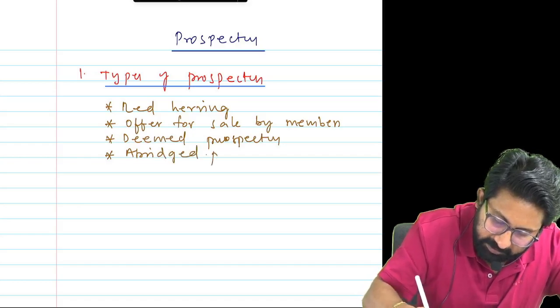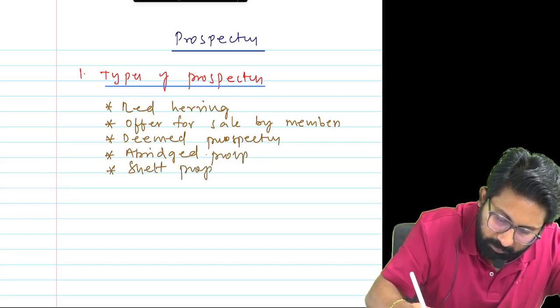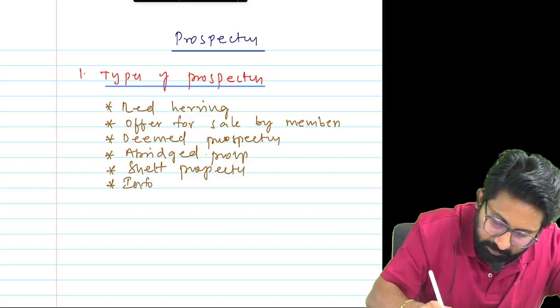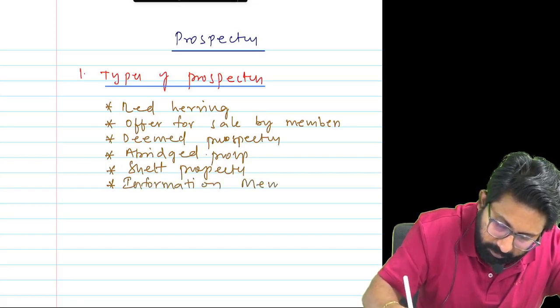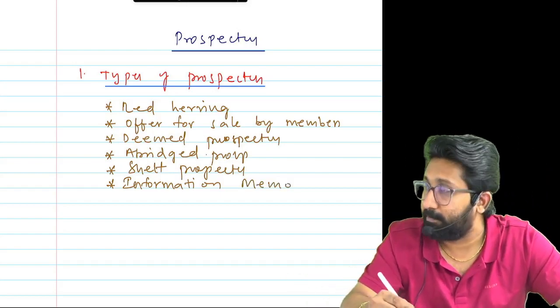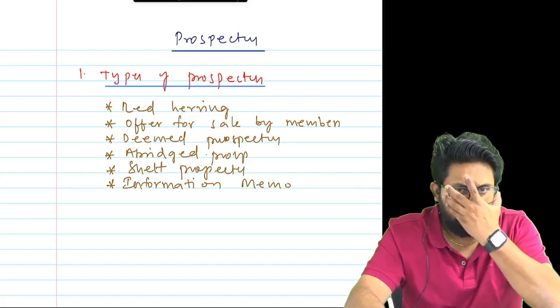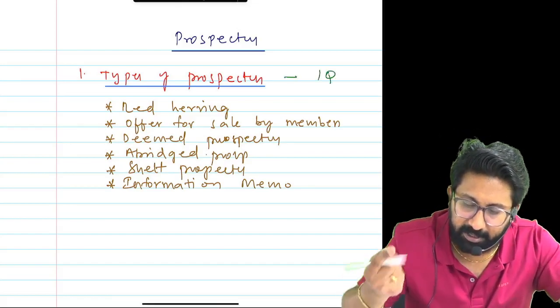Abridged prospectus. Shelf prospectus. Information memorandum. From this, one question will come in the exam.